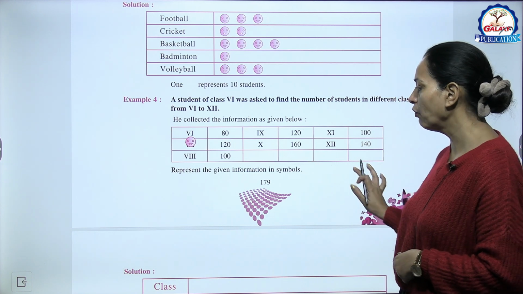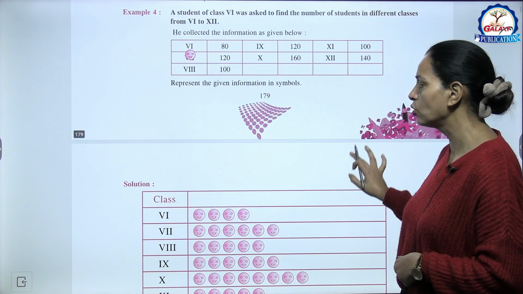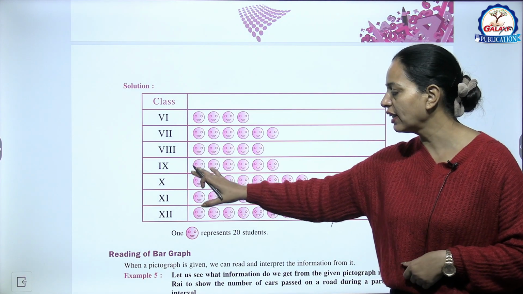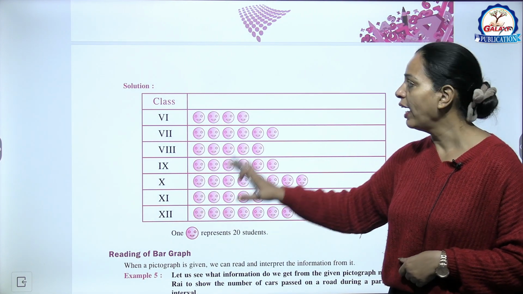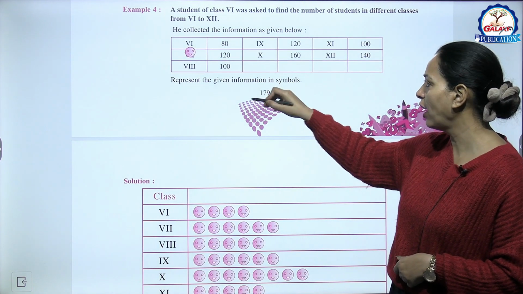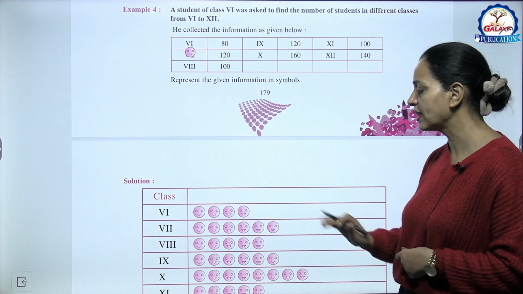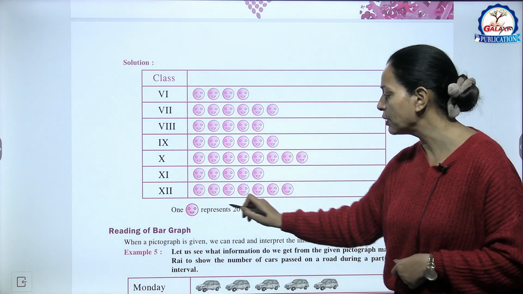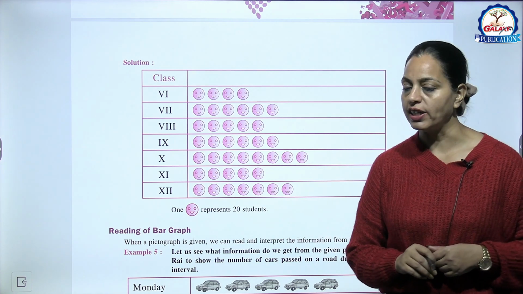So represent the given information in symbols. So what to do? We will write the class 6th, 7th, 8th, 9th, 10th, 11th, 12th, and now see the numbers 80, 120, 100, 120, 160. So what we can do? We can take one symbol represents 20 students, right?